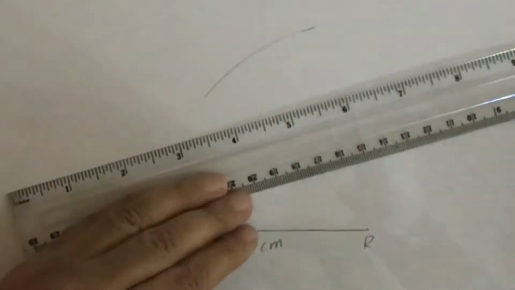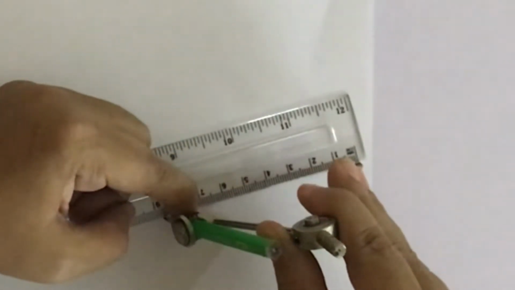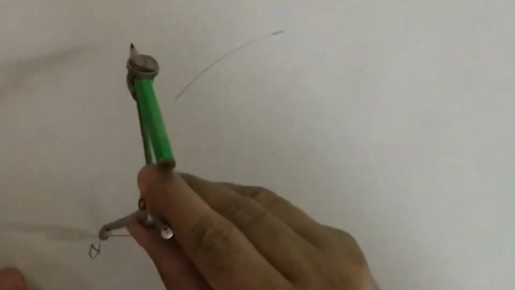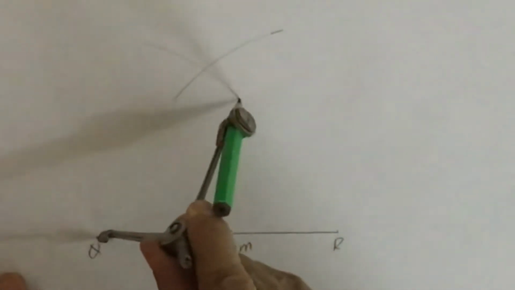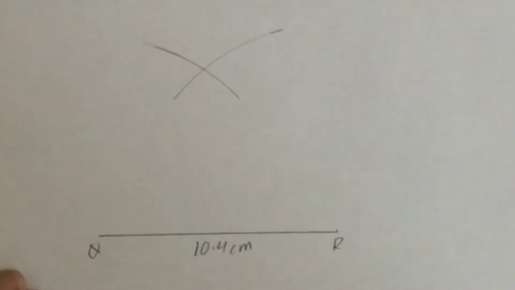This is 8.8. Fix the needle on 0 and move the lead till 8.8. PQ and QP is the same. You can see the second arc will intersect the first arc.